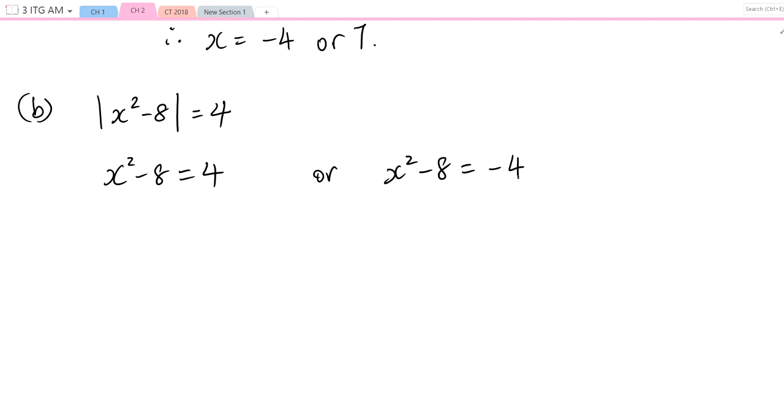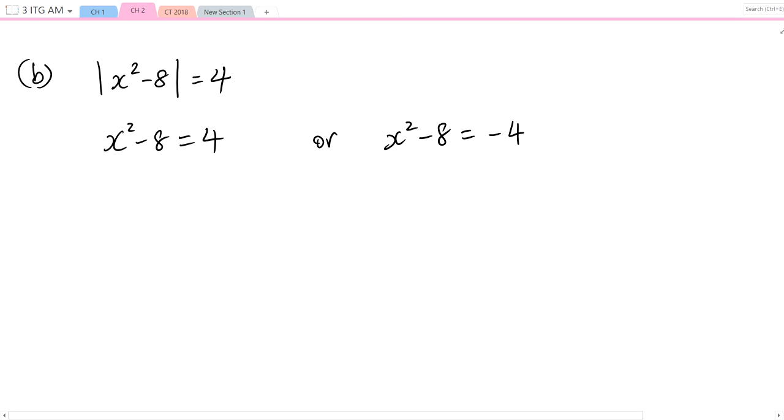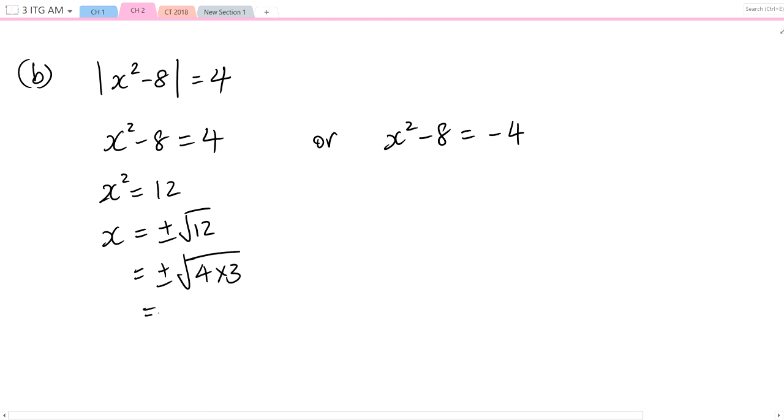And then we continue solving them separately. Here on the left hand side we get x squared equals 12. So x must be equal to plus minus square root of 12, which is plus minus square root of 4 times 3, which is plus minus 2 square root 3. On the other side, we've got x squared equals 8 minus 4, which is 4. So x equals plus minus 2.